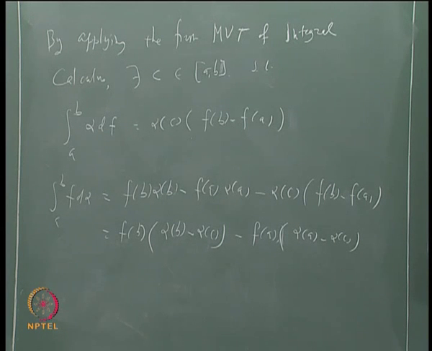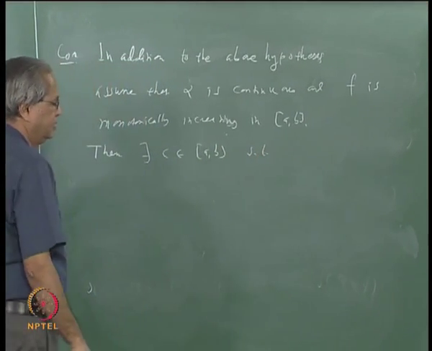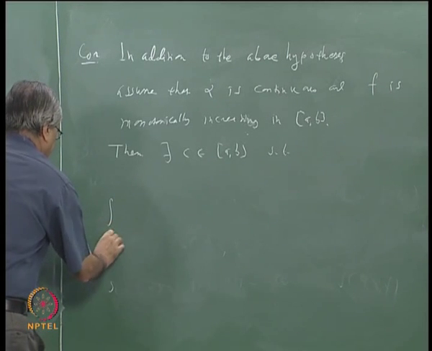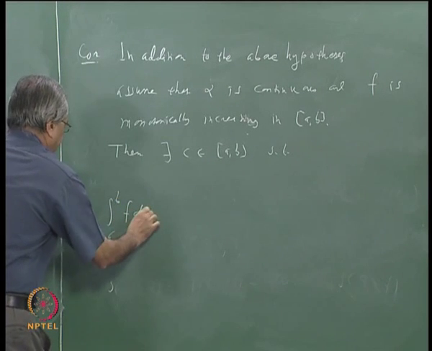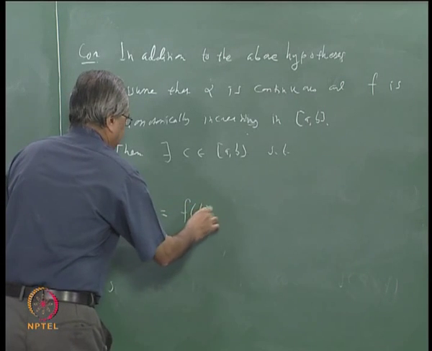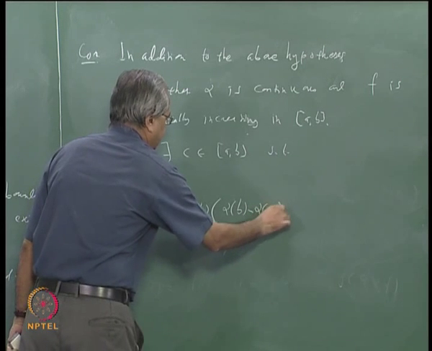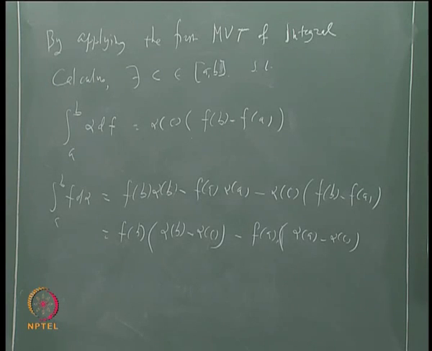Then there exists c in (a, b) such that the integral from a to b of f d alpha is equal to f(b) into alpha(b) minus alpha(c) minus f(a), or if you want you can change it slightly.